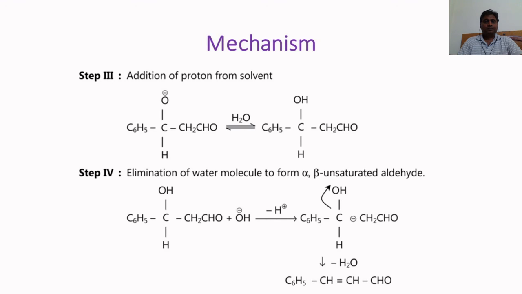A similar mechanism is also seen in case of Claisen-Schmidt condensation of benzaldehyde with acetone. Here the enolate ion is formed by the abstraction of a proton from one of the methyl groups of acetone.